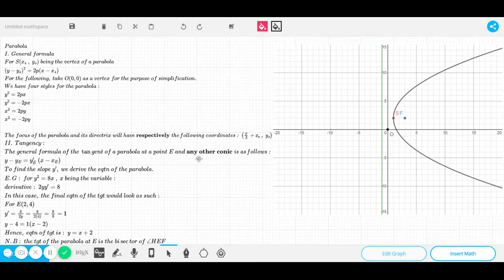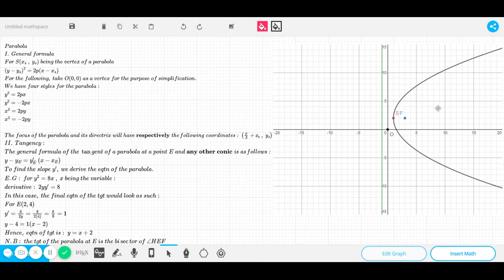So if the general formula was the other way around, if we had said that x minus x of s to the power 2 would be equal to 2p into y minus y of s, we would have shifted these two coordinates over here. So it would be x of s and p over 2 plus y of s, not p over 2 plus x of s, y of s.